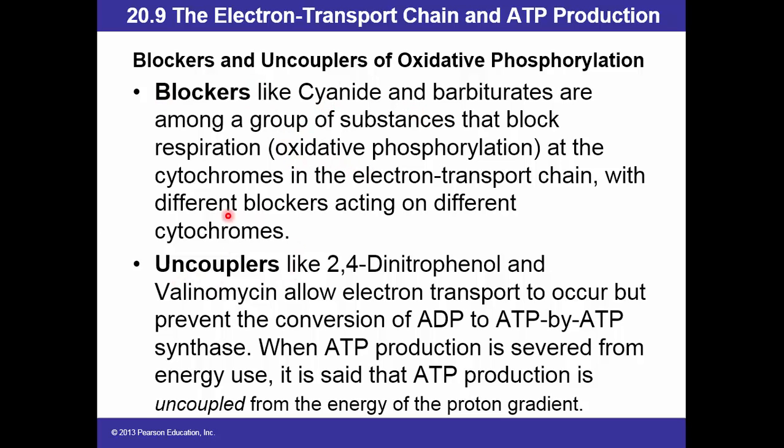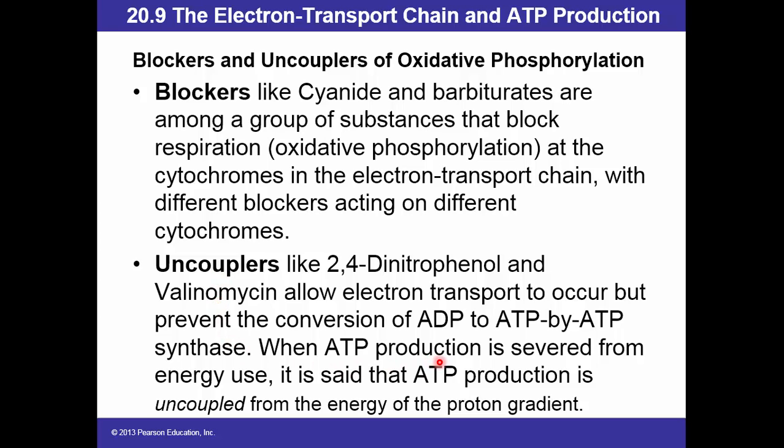We have also the so-called uncouplers. Uncouplers like 2,4-dinitrophenol and valinomycin. The antibiotic valinomycin allows electron transport to occur but prevents the conversion of ADP to ATP by ATP synthase. So these uncouple oxidation from phosphorylation.